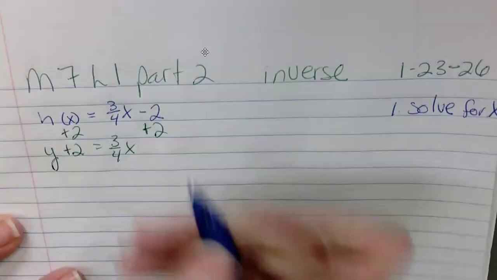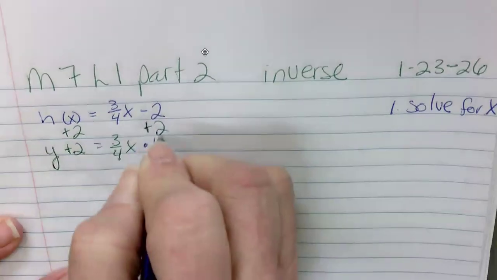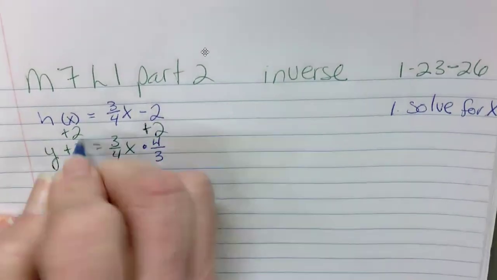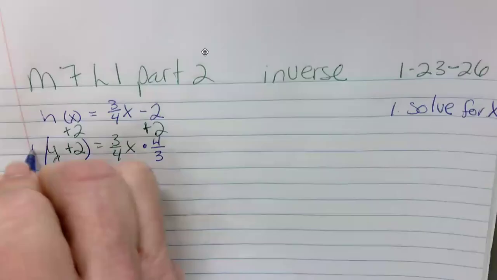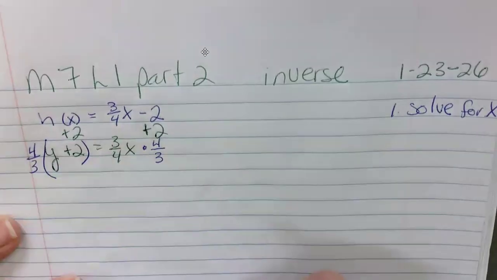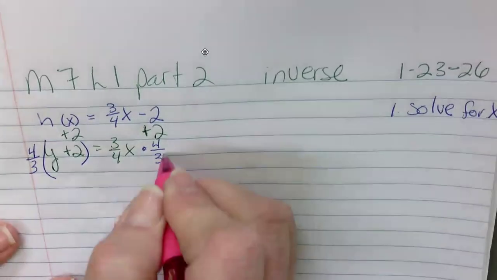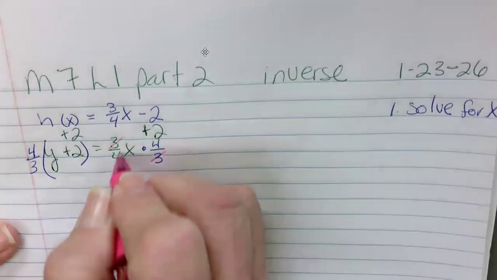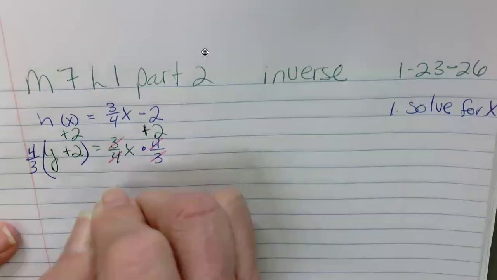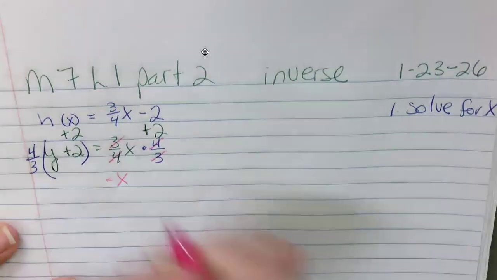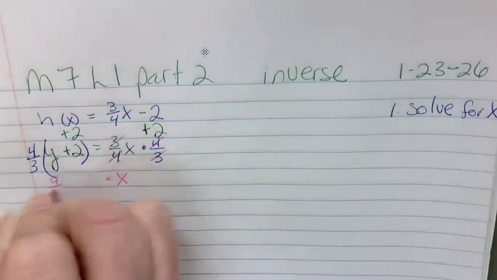Again, I'm going to multiply by the reciprocal so I don't have to do 2 steps. This is beautiful because 3 over 3 is 1, 4 over 4 is 1, so we get x equals 4 over 3 times y plus 2.